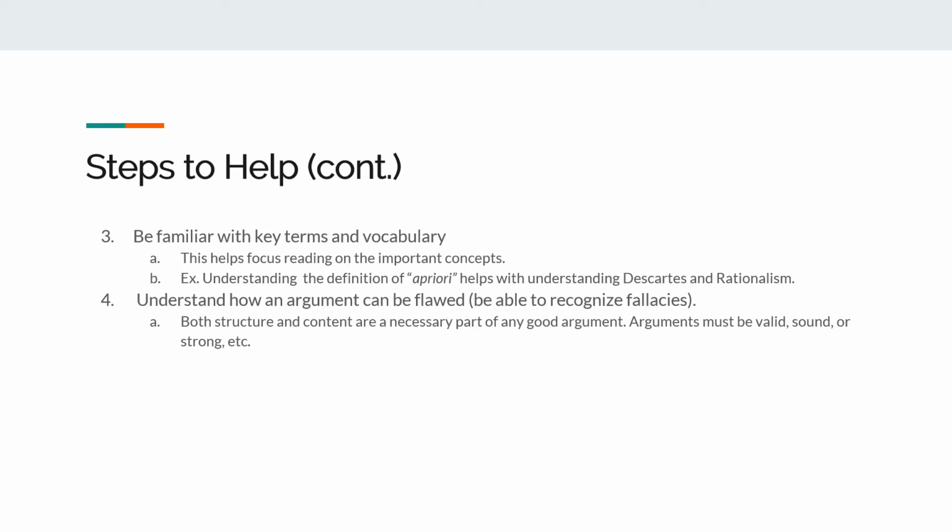Similarly, if I know why an argument is flawed and this particular argument that I'm reading is not flawed, then I will know why I am being persuaded by this argument. And so it's really important to understand what makes arguments good and how we can recognize good from bad arguments, right? Using the logic aspect of being a good critical thinker.